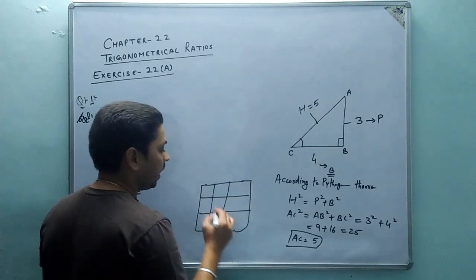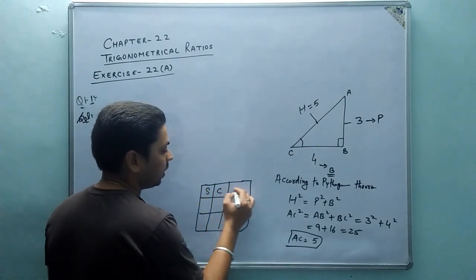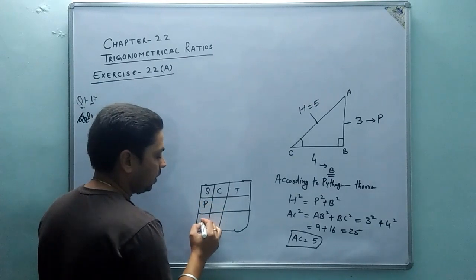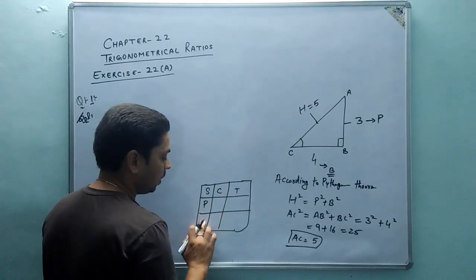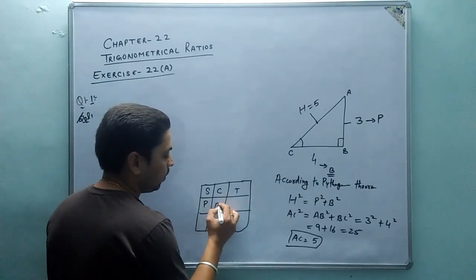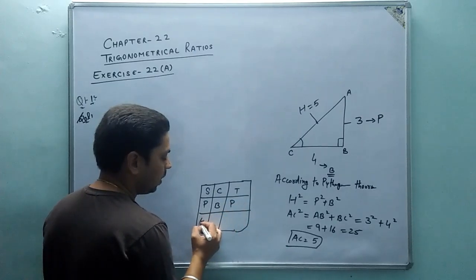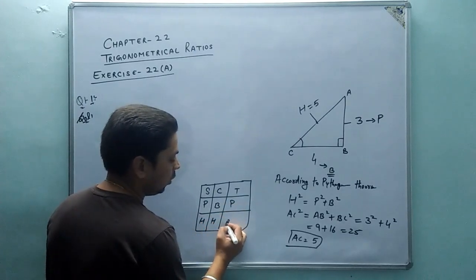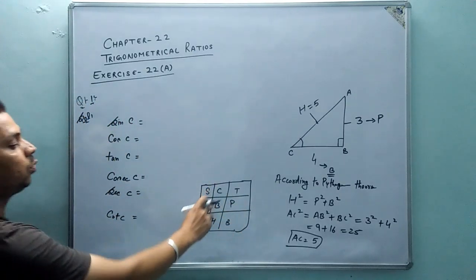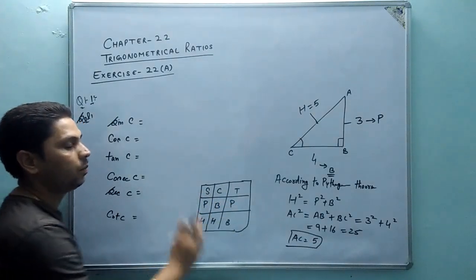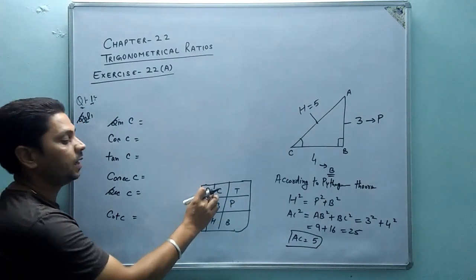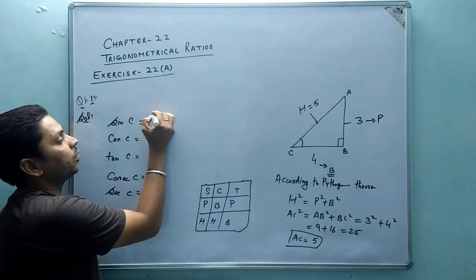And what is the rule? Sona Chandi Tole Pandit Badri Prasad Har Har Bhole. So what is sine? Sine is perpendicular upon hypotenuse.